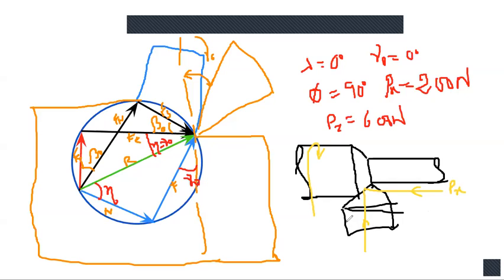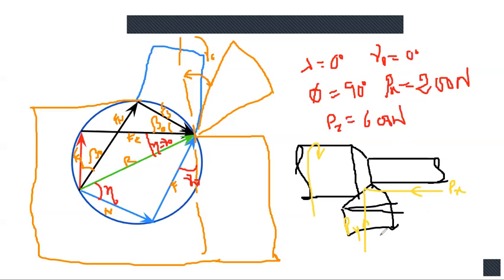Perpendicular to the axial force is Py, that is the radial force, and Pz is perpendicular to both of them in the z direction.